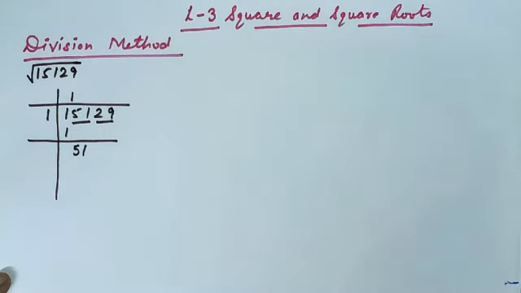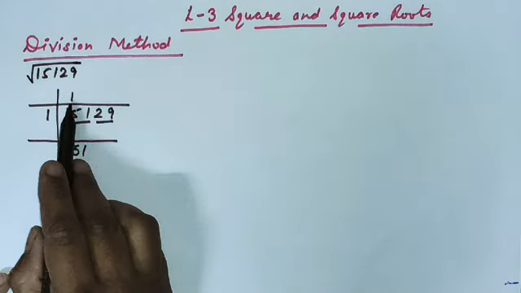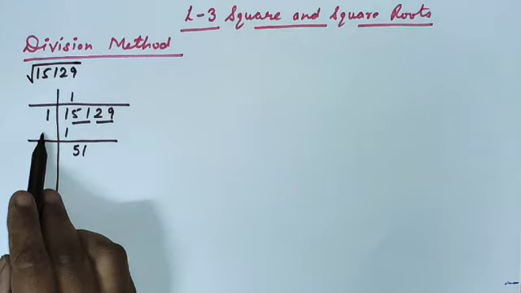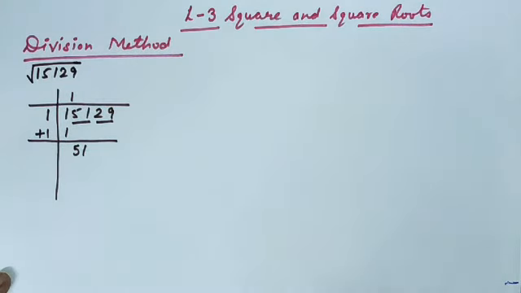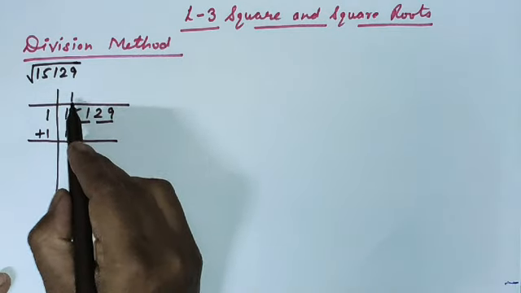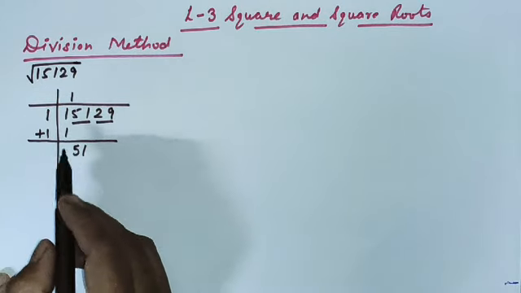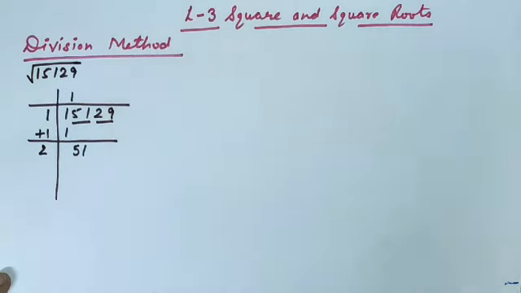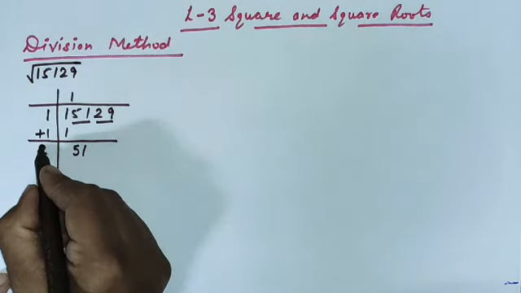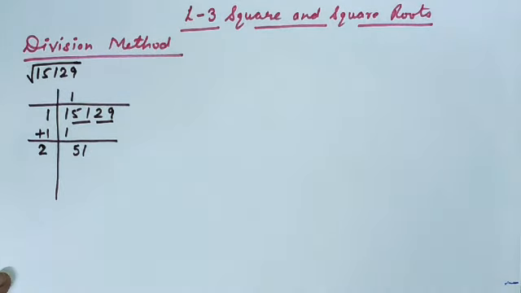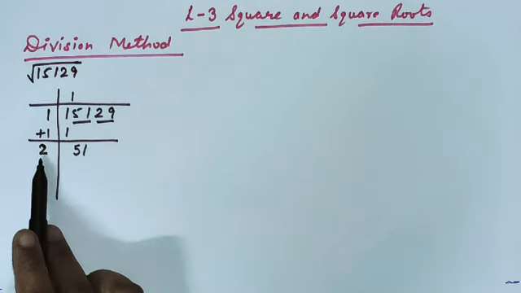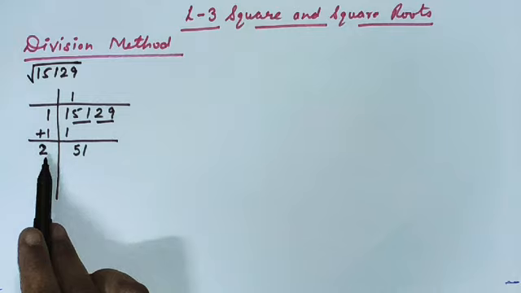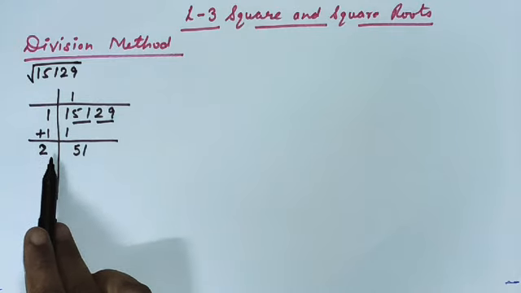Okay. Now next step, what will we do? This 1 which we have written here, we will add here. So 1 plus 1 will become 2. Now class, listen very carefully. I have to take a digit by which I will multiply.